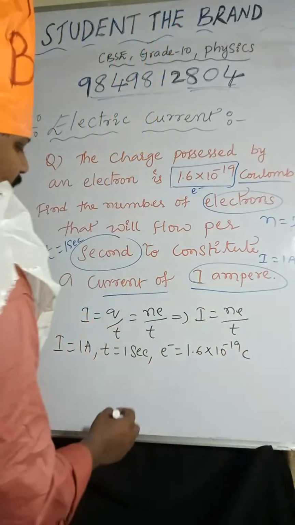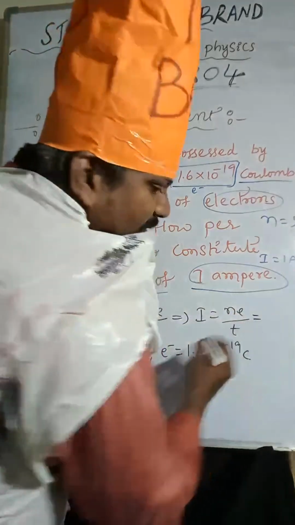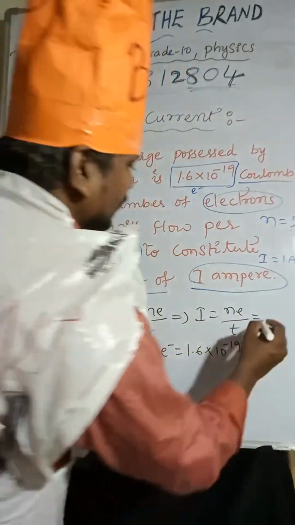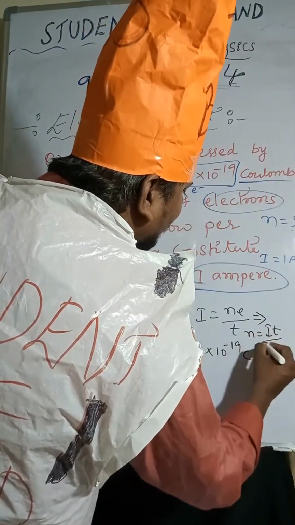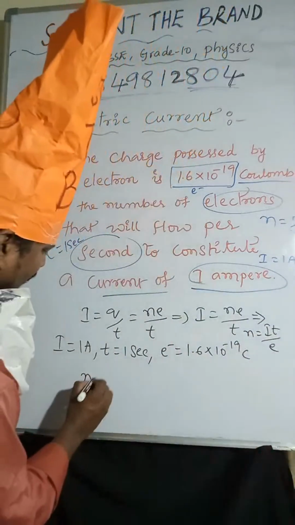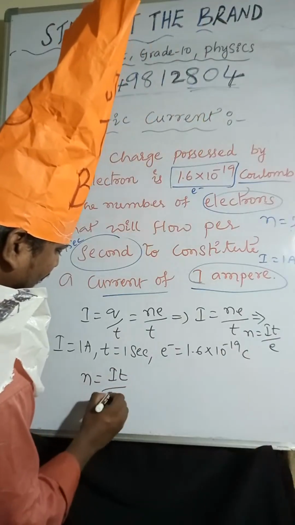We need to find out n. So n equal to I into T by e.